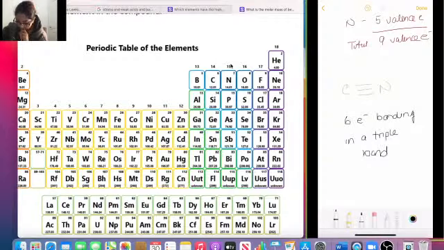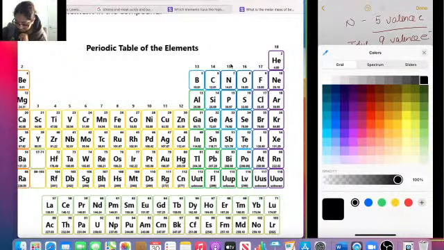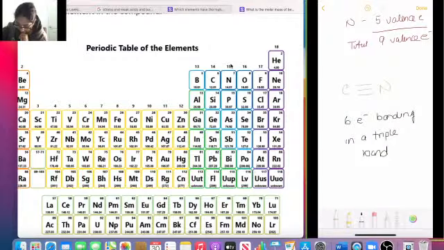Okay, since carbon can form 4 bonds, you can also say here that carbon has 1 more pair of electrons. And nitrogen, on the other hand, has 5 valence electrons, and you can see it only paired with 3, and so it also has 1 more lone pair.